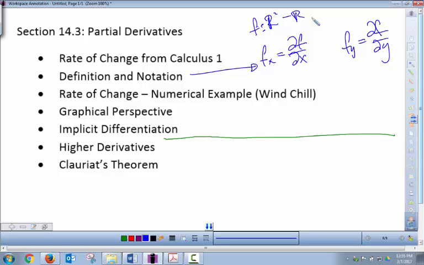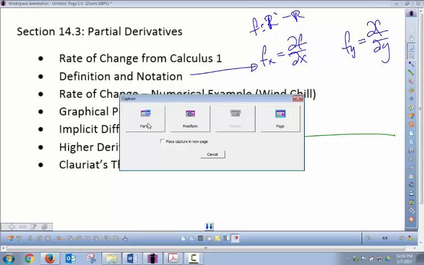And what we want to do is explore some higher order derivatives. So let's take a look at how higher order derivatives work and find a good notation for it.